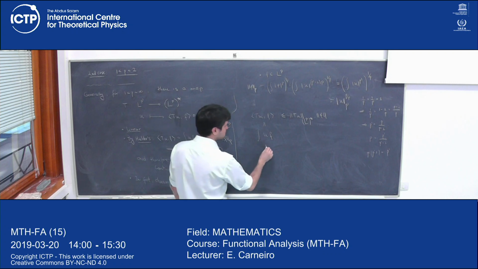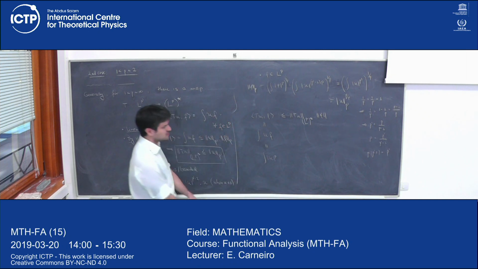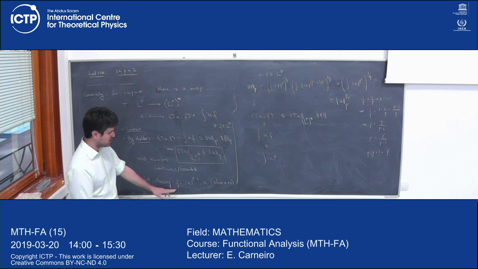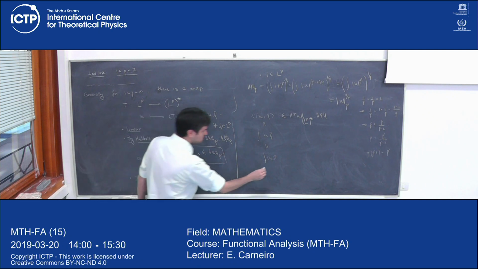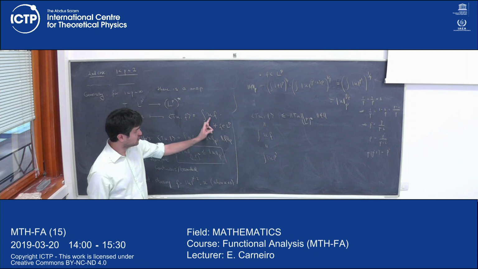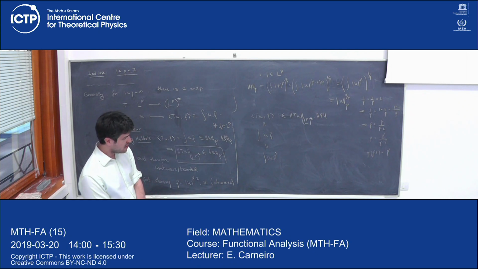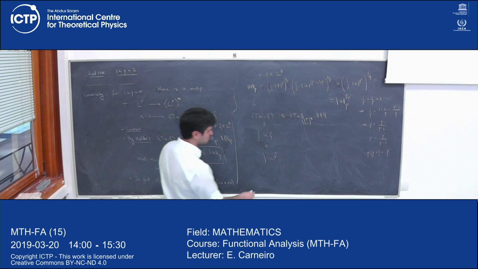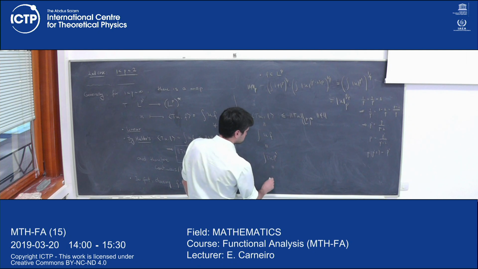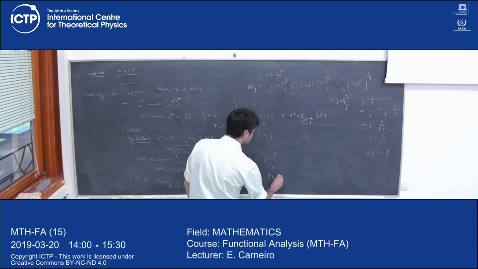The integral of u times f is just the integral of |u| to the p prime power, because f is |u| to the p prime minus 2 times u. Are we okay? So this is equal to the norm of u in L^p prime raised to p prime.